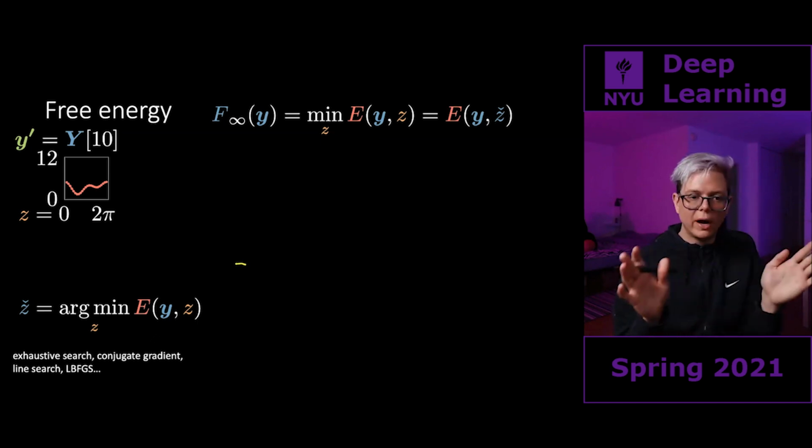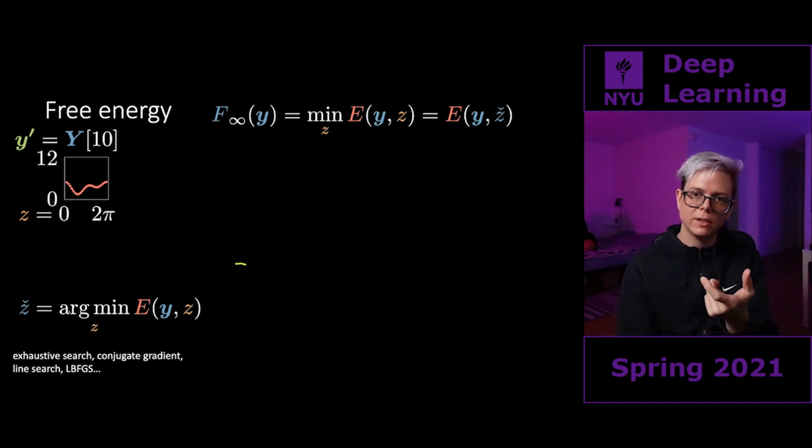In this case, there is no averaging whatsoever. We have an energy, and you just perform gradient descent. No stochastic, right? And so options available to you are conjugate gradient, line search, LBFGS, anything you want. Cool.